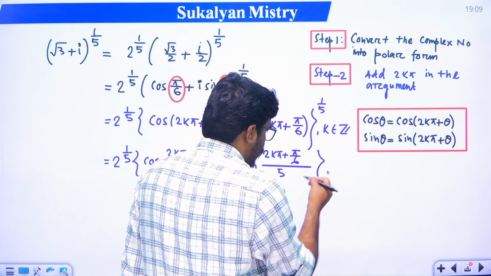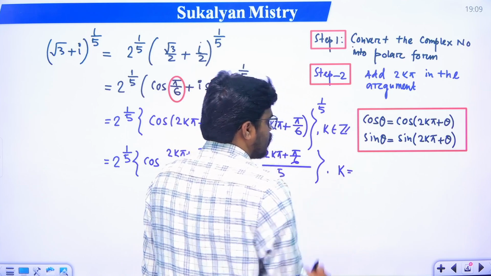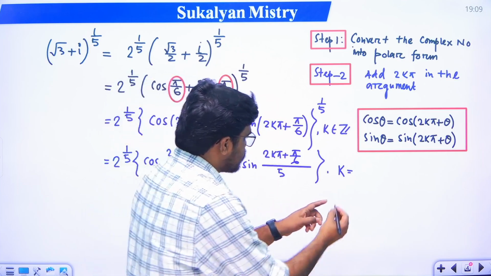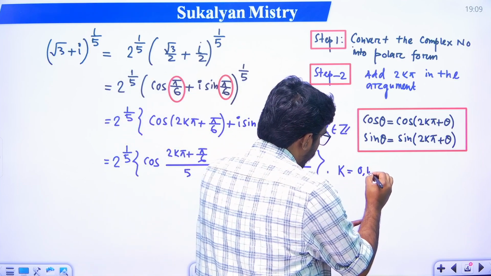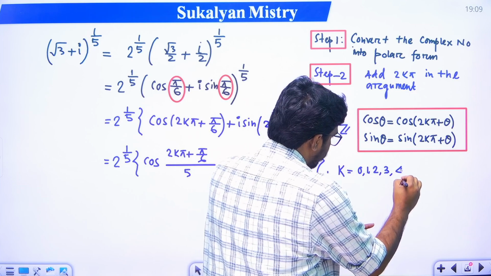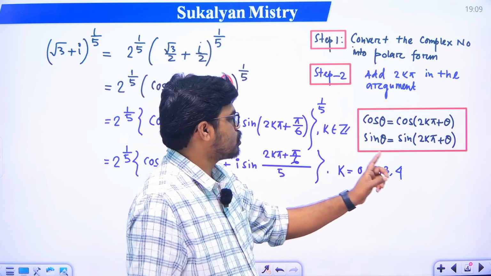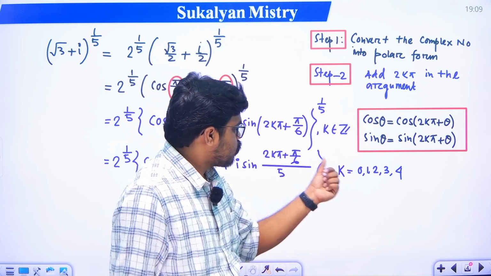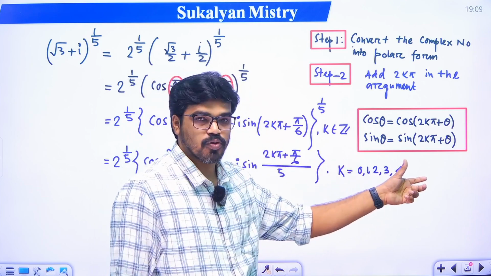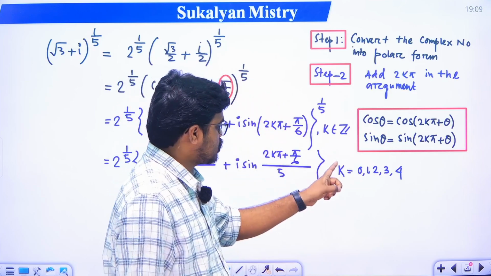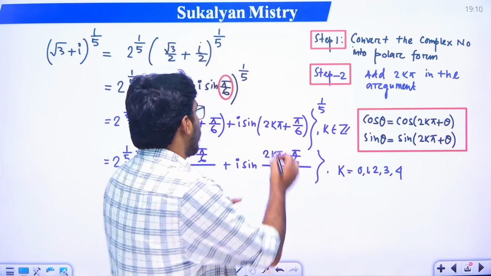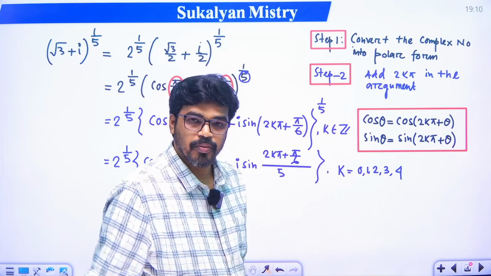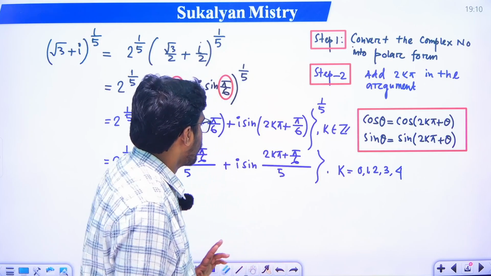So what is k? Here k is equal to 0, 1, 2, 3, 4, since the power is 1 by 5; we have to put k equal to 0, 1, 2, 3, 4. If it were 1 by 4, it would start from 0 up to 3. Here, 0 1 2 3 4, total 5 values. Okay, right?